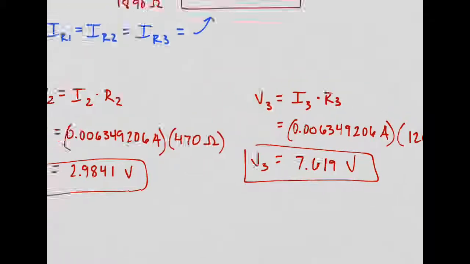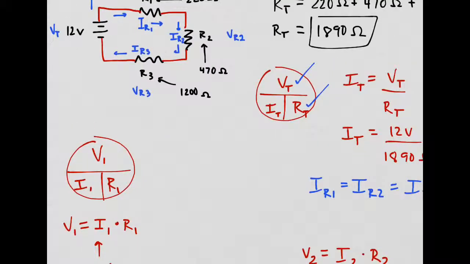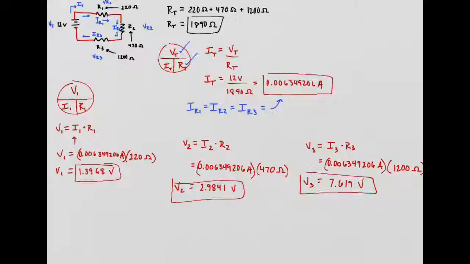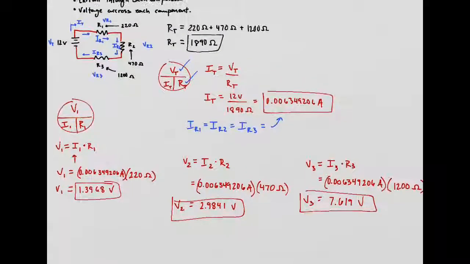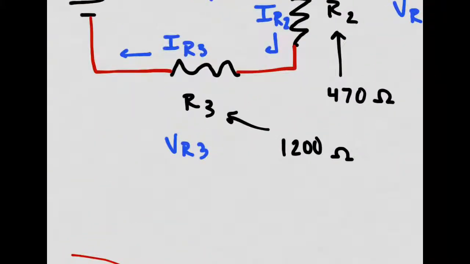Okay, so what does this mean? Well, look at this. It's a voltage drop. What was voltage in the analogy? Voltage was the pressure, right? But look at it this way. We have a really high resistance for that third resistor.